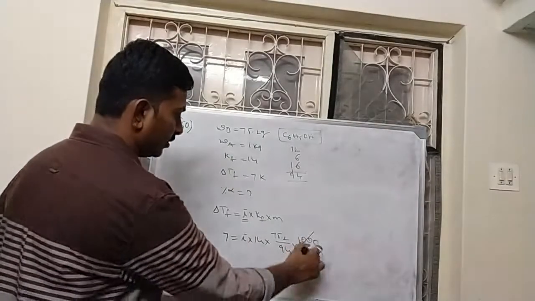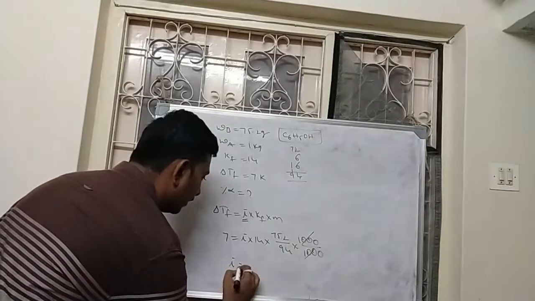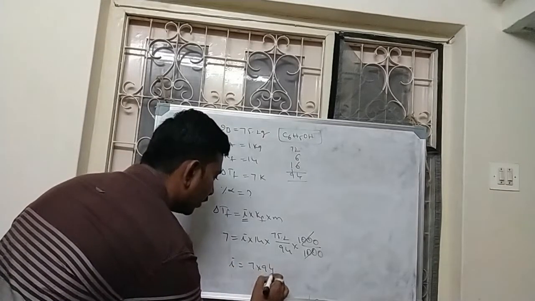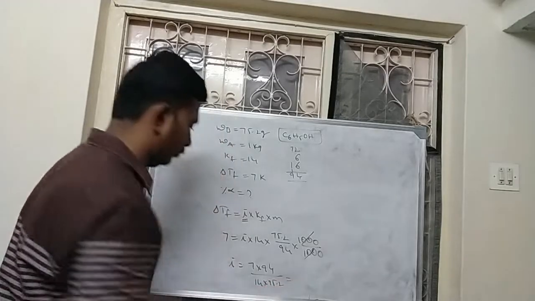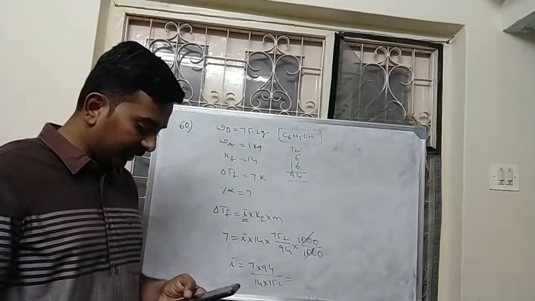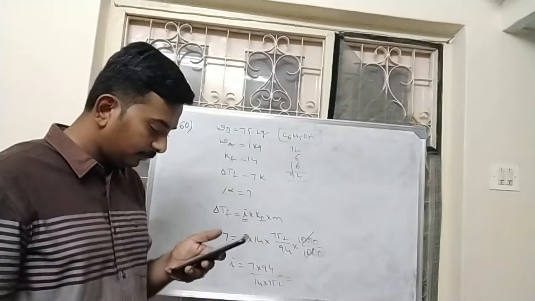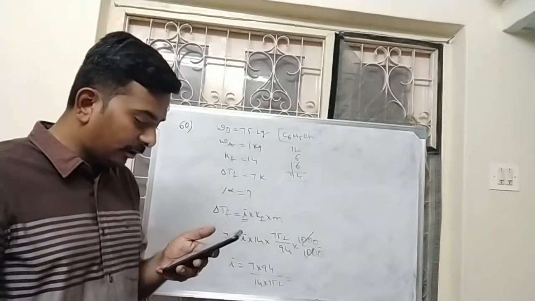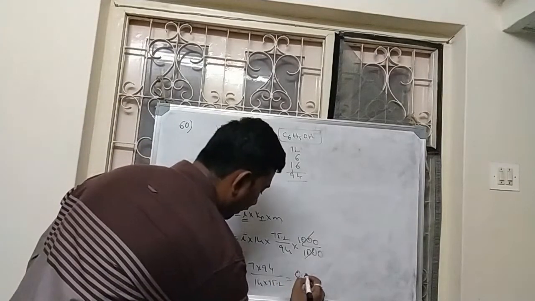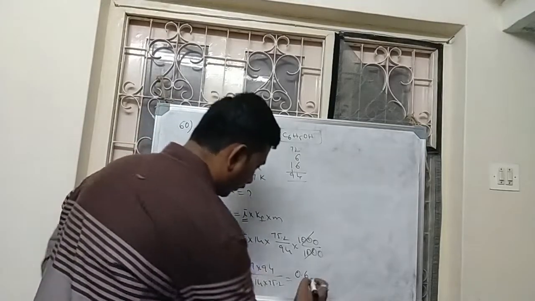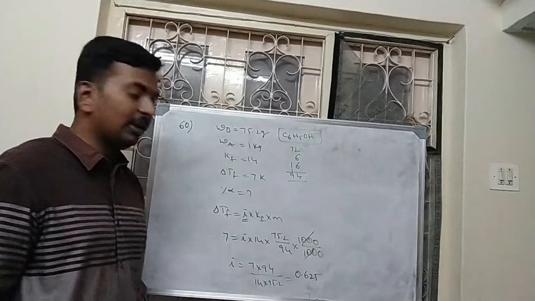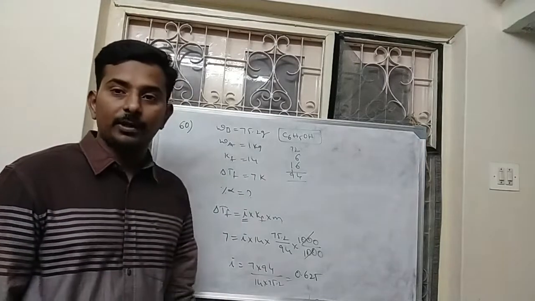So these two get cancelled. So the value of i will be 7 into 94 by 14 into 75.2. If you simplify this, you will get the value of i as 0.625.